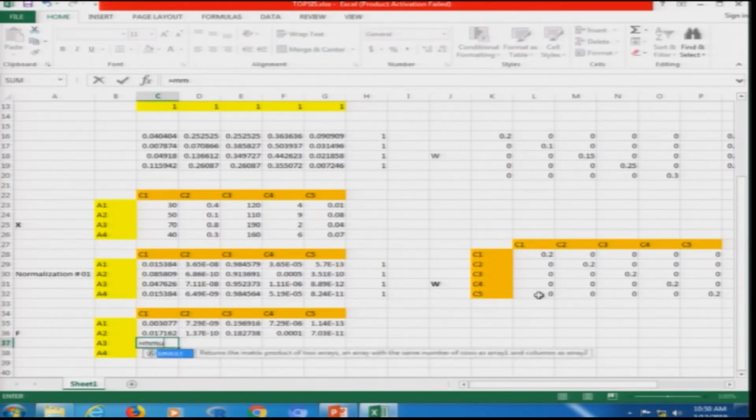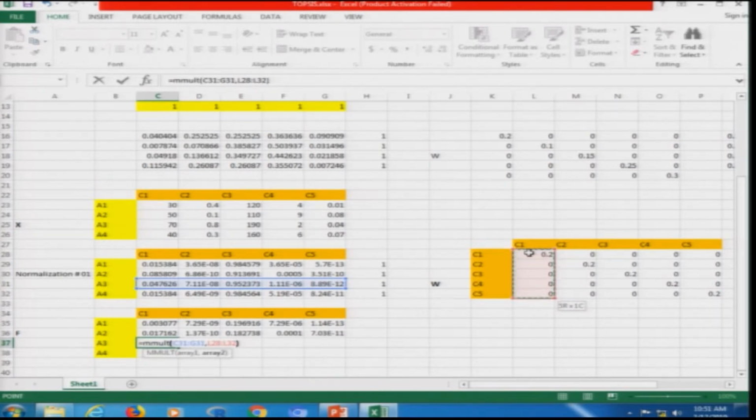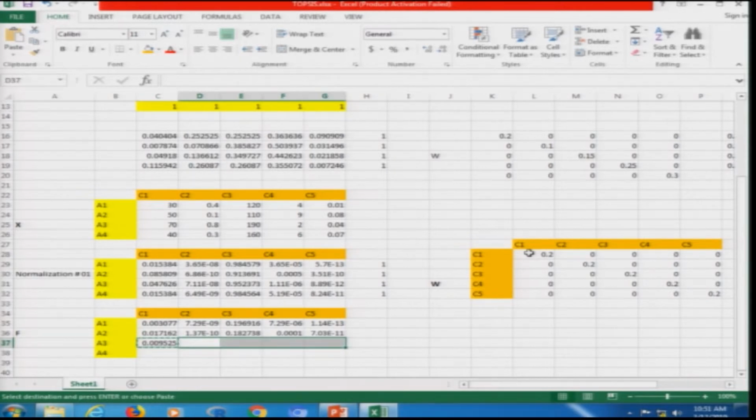Then I go to the third row, which is for A3, alternative 3, multiplied by the corresponding C1, C2, C3, C4; for each cell, it will come. So, let me freeze the values. Let us see, they are frozen. So, it is basically the row remains the same, the columns are changing.